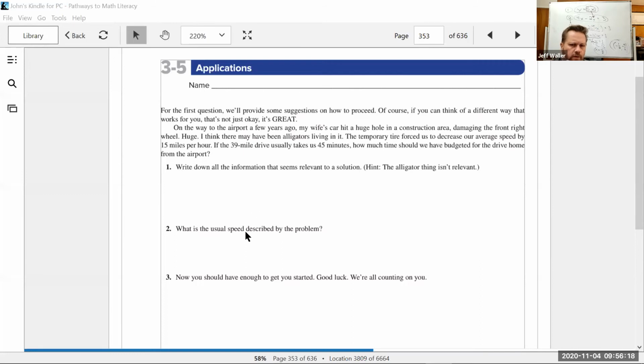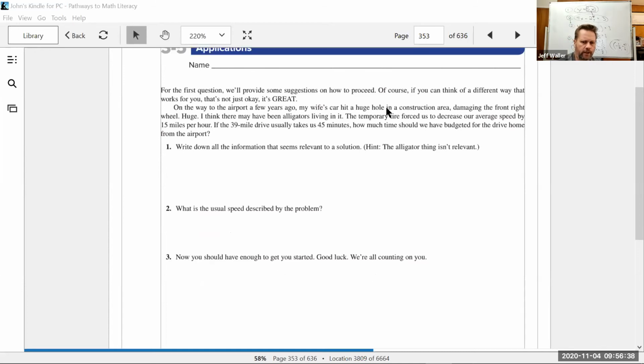So the usual speed is 39 miles in 45 minutes, right? One way you can do this: I don't want miles per minute, I want miles per hour, like a normal human being.